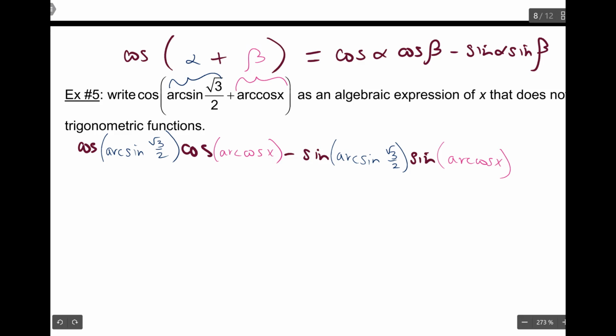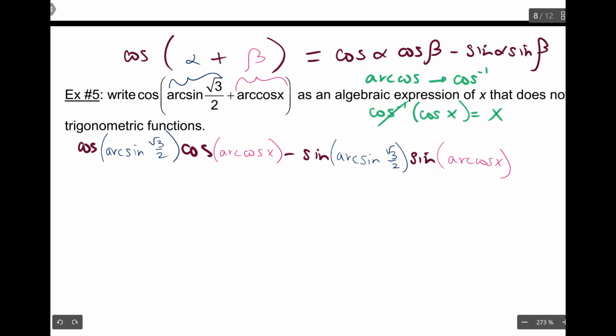Alright, so we remember from 4.6 that arc cos is the same thing as saying cosine to the -1. We also remember that if I do cosine to the -1, aka the inverse, to cosine of x, that's equal to x.